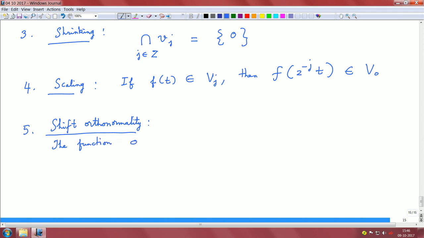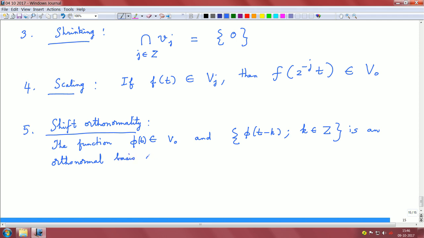The function phi belonging to V0, and when I say phi, it is phi of t here, and the set phi of t minus k, all its time translates, k belongs to the set of integers, is an orthonormal basis for the space V0.